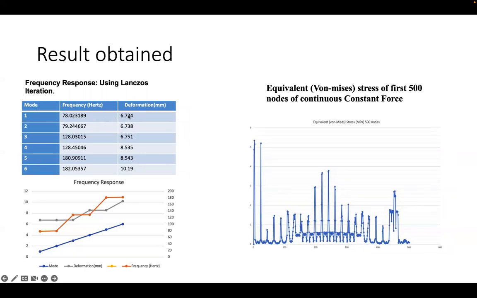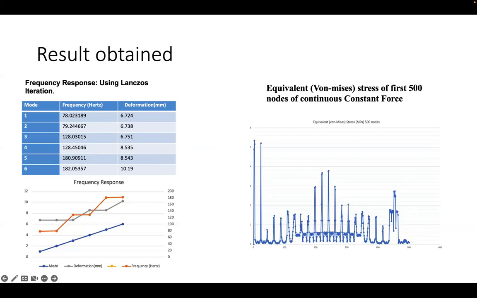At mode 1 we found 6.72, mode 2 we found 6.73, and the highest deformation was 8.10 at 182.05 hertz. In the graph, the orange one is the frequency in hertz, and the gray band represents the deformation over different frequencies, along with the number of modes.